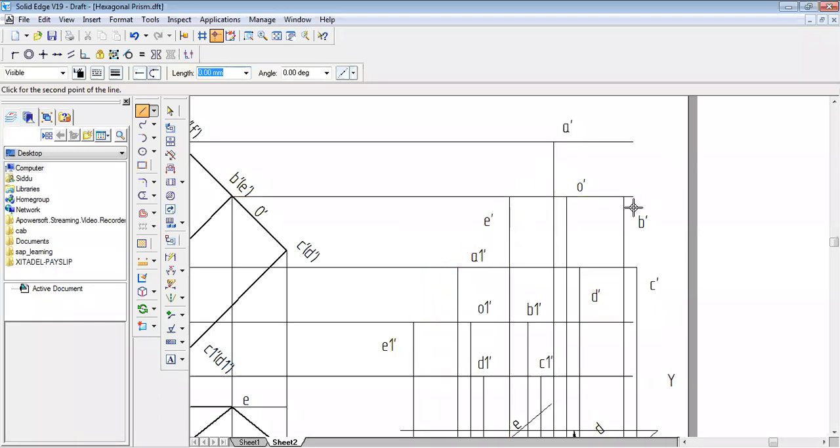C is also an outermost boundary point, and then C1, and then E1.